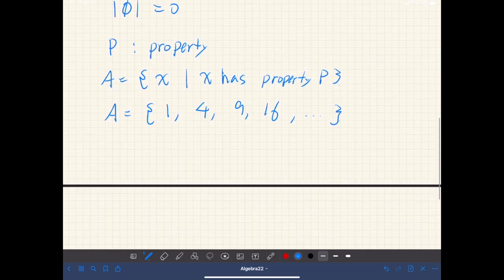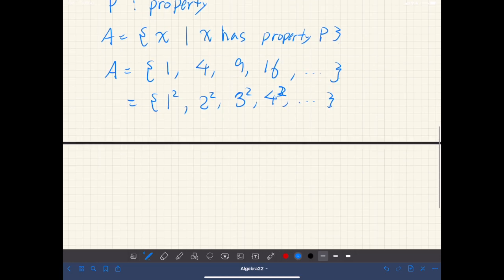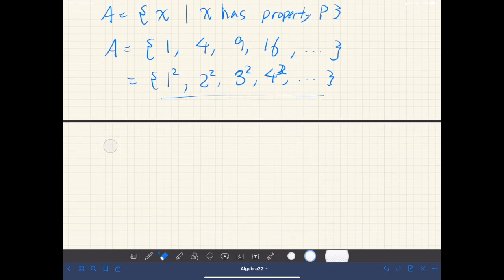This is a set of perfect squares of natural numbers. So we can write 1 is 1 squared, 4 is 2 squared, 9 is 3 squared, 16 is 4 squared, and so on. So instead of enumerating like this, we can write this set A as the set of x, where x is a square of a natural number.